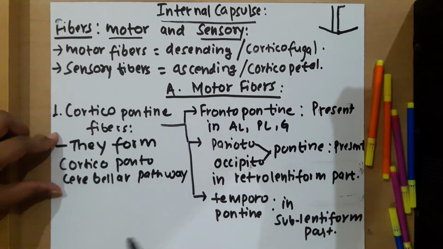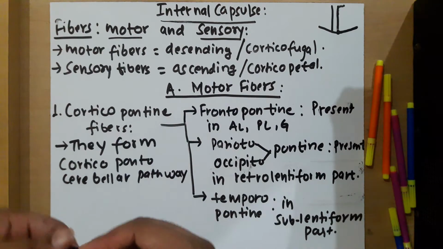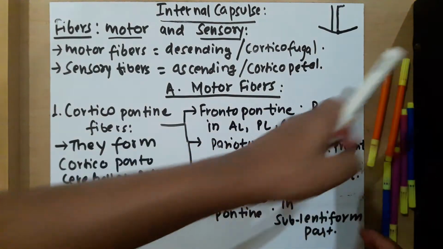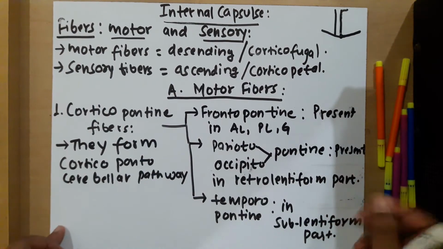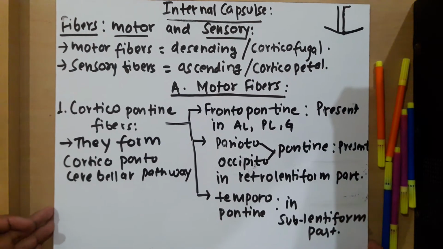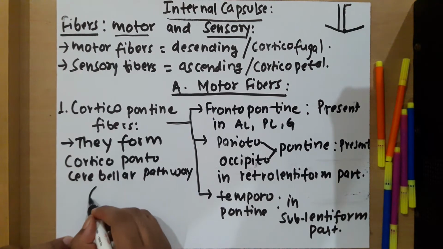Those who have already studied, or those who know about the midbrain, will get it easily. But don't worry, those who have not studied will also learn about the midbrain in the upcoming videos, and they will find it easy.